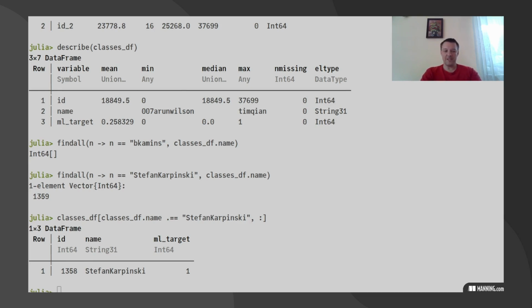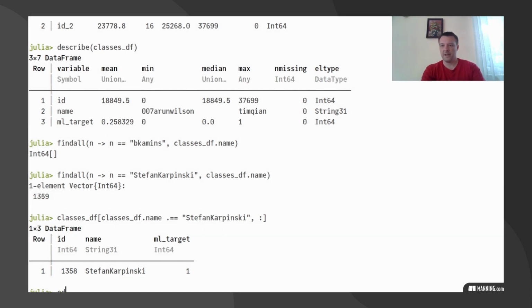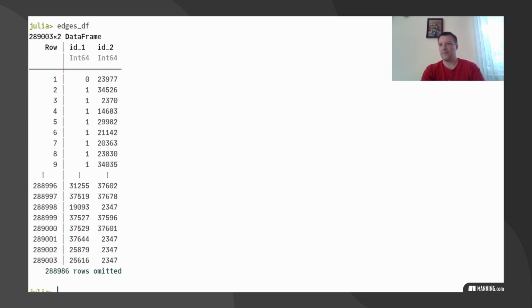But before doing this, we need to do one operation. This operation is associated with the fact that we have already commented several times that this dataset uses zero-based indexing of developer IDs. So let's look at edgesdf. We see that this edgesdf starts with 0, and the same for classesdf.